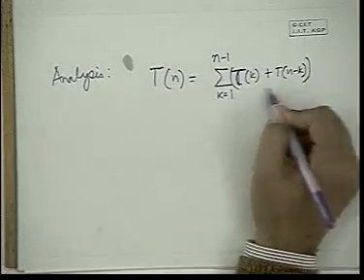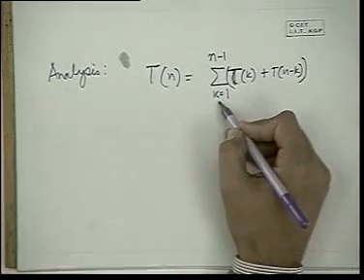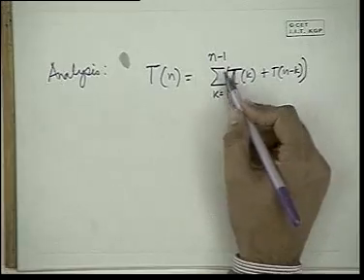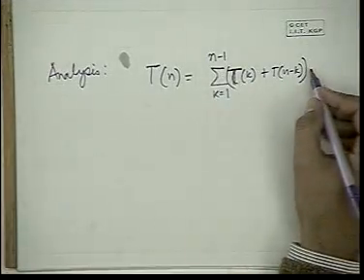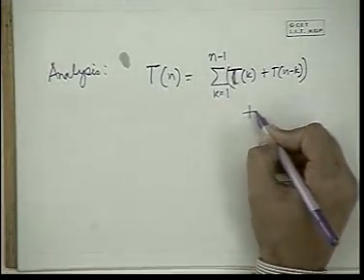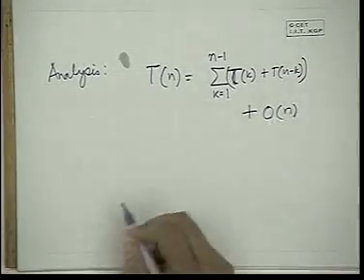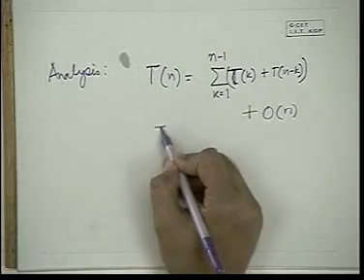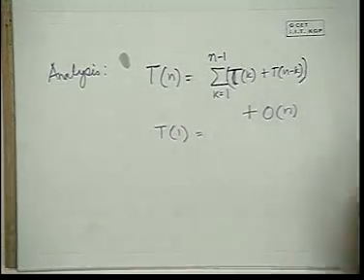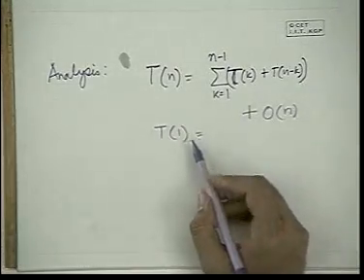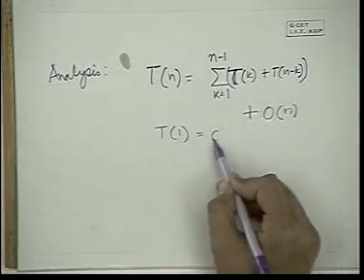These are two recursive calls, done for all k's, that's why k goes from 1 to n minus 1. This is the entire thing plus order of n. So this is our recursion. Definitely T(1) you can put, because when i is equal to j there was a terminating condition, so T(1) you can put as some order of 1, some constant.